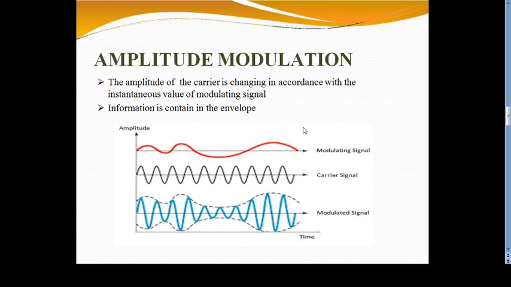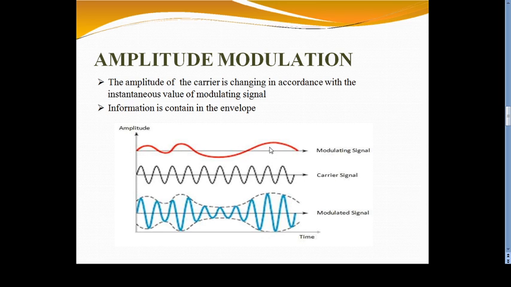Now if you observe amplitude modulation, the carrier amplitude changes in accordance with the instantaneous value of the modulating signal. The information is contained in the envelope. This is a modulating signal, which is very low frequency, and a very high frequency signal called the carrier signal.